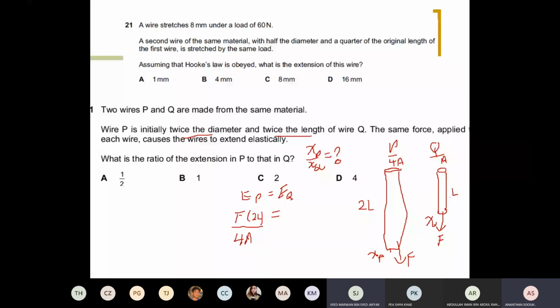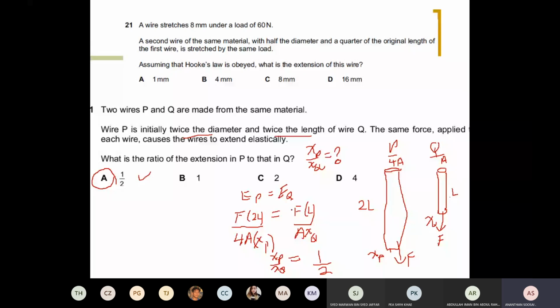For A, extension of P here, F, L, A, extension of Q. Okay, so looking for extension of P over extension of Q, what do you get? So you bring the other side. Yes, good. Those who got A, very good.